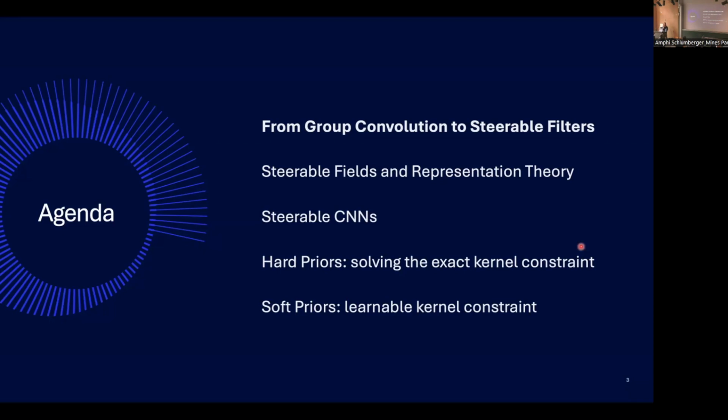So let's just go directly into the question, how do we do that? This talk is very orthogonal to what was presented in the previous one. It's a different approach to build equivariant networks, although as presented by the last paper of David, there are some interesting connections being developed now.